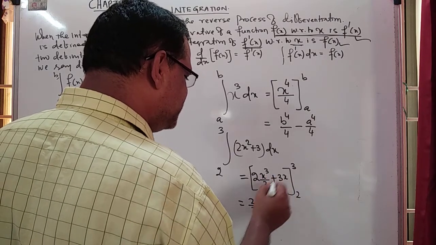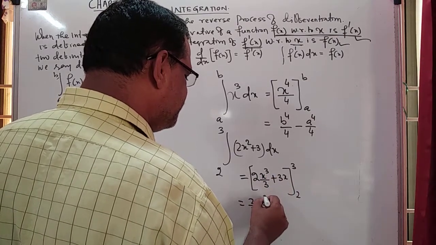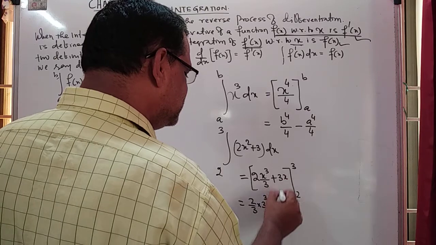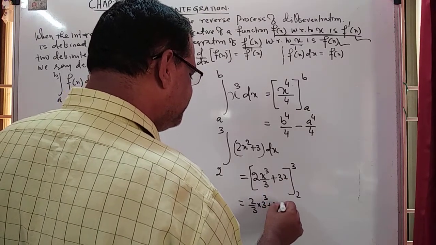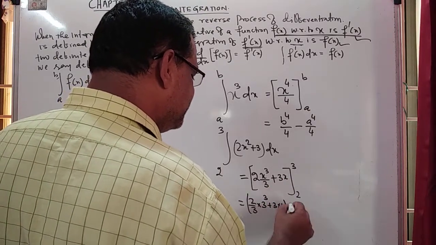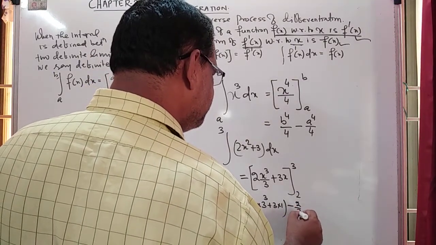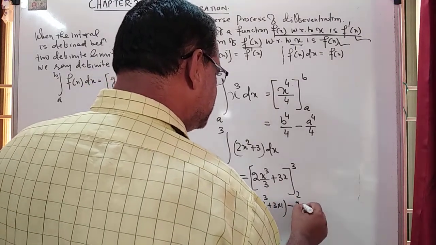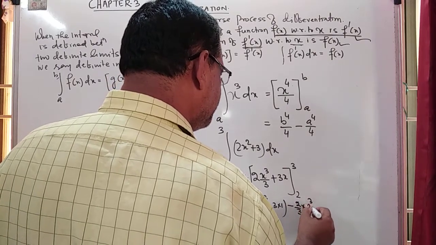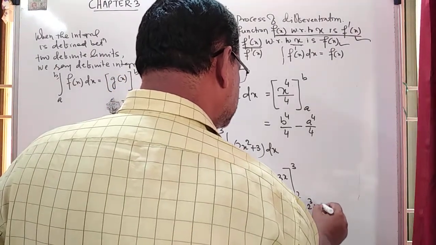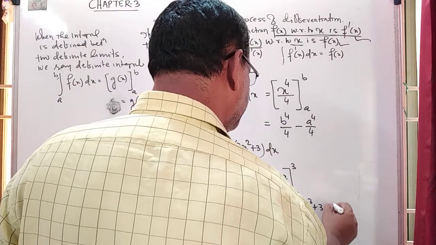So simply, first of all you put 3 in place of x, that is equal to 2 by 3 into 3 cube plus 3 into 3, minus, again you put 2, that is 2 by 3 into 2 cube plus 3 into 2.